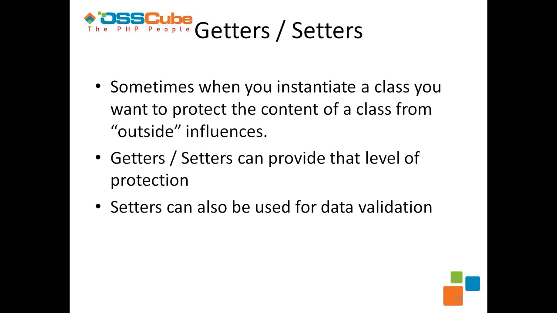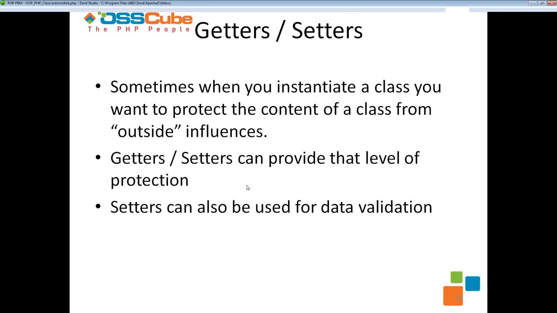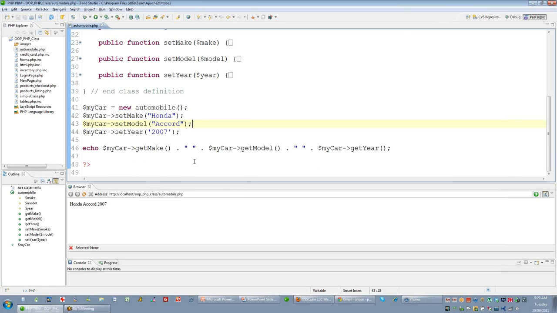If you're using different modules or different classes from different libraries, it's a way to protect it from overlapping, getting in each other's way. The last bullet there is that they can be used for data validation as well. So it's a great way to protect the data before you set it. If you're looking for certain values, then you can double check that as you go in.